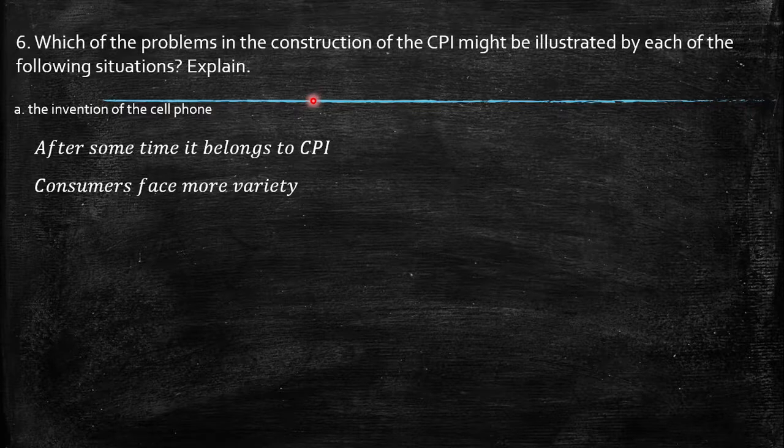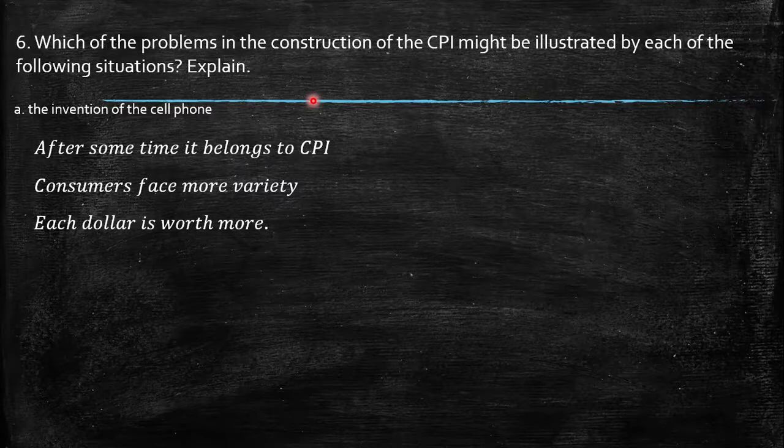The important thing is, when there is a cell phone, naturally consumers face more variety, different cell phones with different characteristics, and then it's difficult to measure the value of the cell phone to put into the basket.